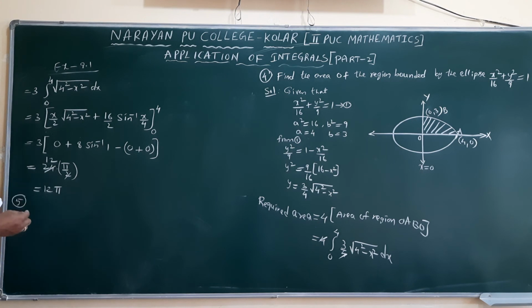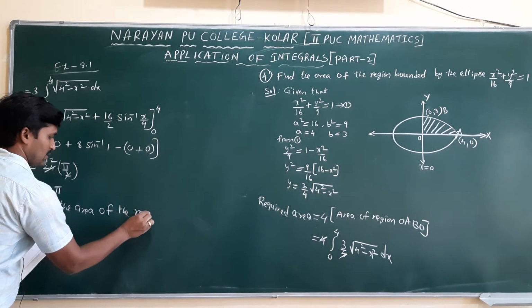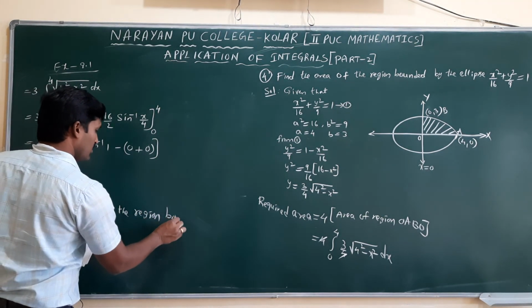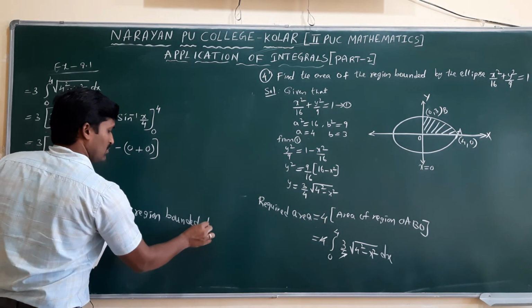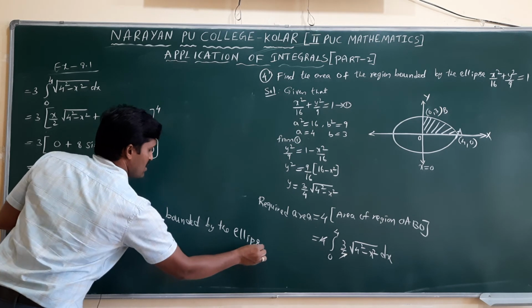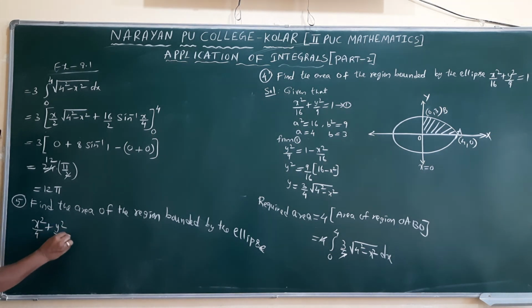The method is all the same. Find the area of the region bounded by the ellipse x square by 4 plus y square by 9 equals 1.